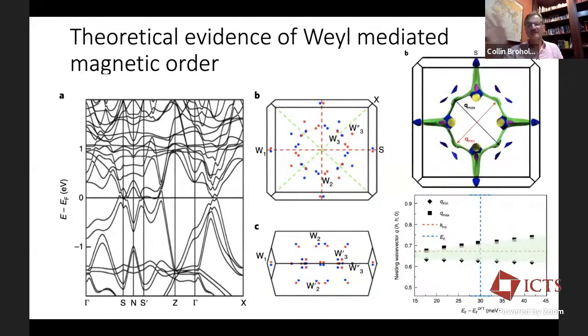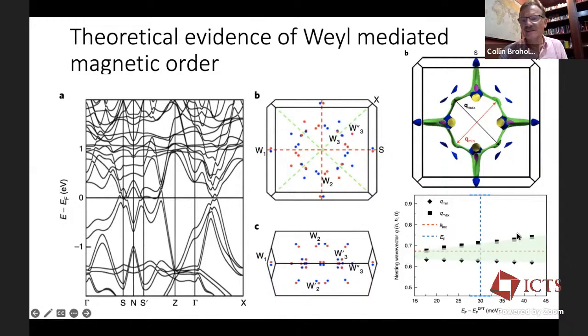And actually, we were fairly careful with this because, as you're aware, it can be difficult to determine the chemical potential or the Fermi energy accurately in DFT for a given material. The material can have a slight shift, and in fact, we determined that shift by comparing to the Shubnikov-de Haas oscillations, and we obtained the dashed blue line as the indication of where the Fermi energy actually lies.